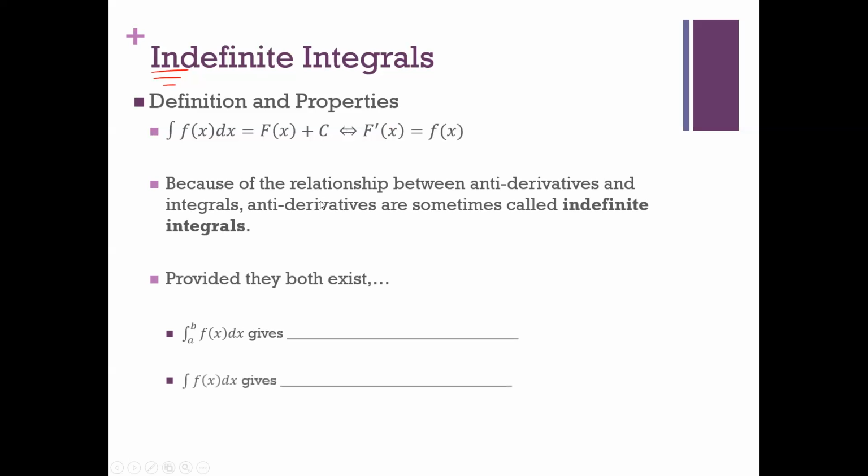All right. So I'm going to talk about here though, if I take the definite integral of a function, provided that a and b are both just known, like they're numbers, what do I get when I integrate a function over some fixed interval?